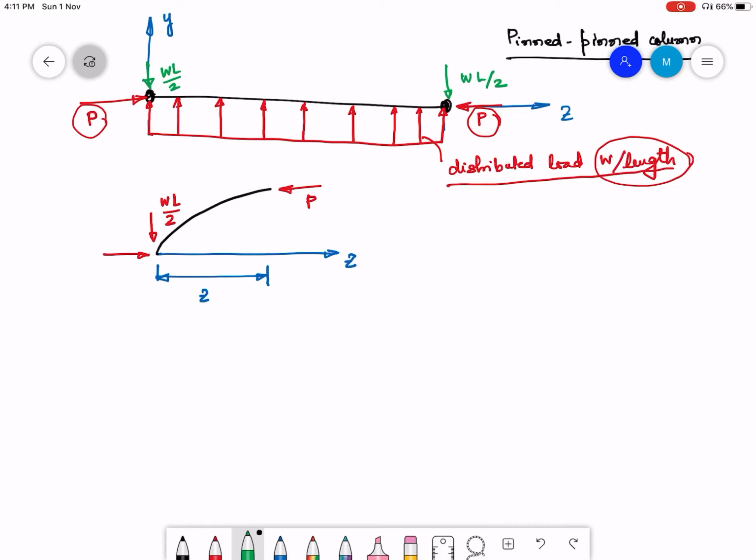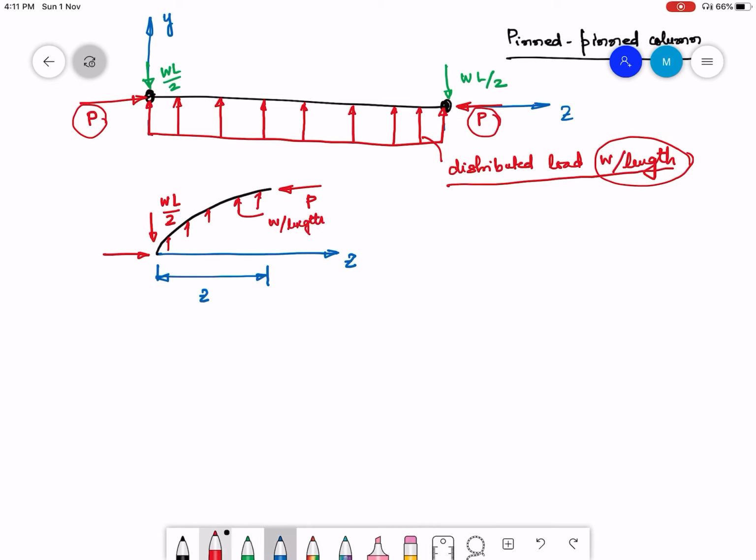So I have a reaction force WL by 2 plus the externally applied force W per length that is acting throughout.